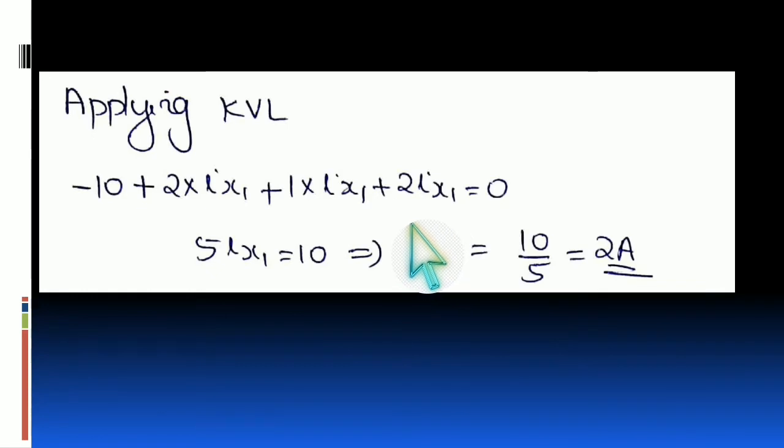So we add the term 2Ix1 to our KVL equation. So now our KVL equation is minus 10 plus 2 into Ix1 plus 1 into Ix1 plus 2 into Ix1 is equal to 0, or 5Ix1 is equal to 10. From this we get Ix1 as 10 by 5, or 2 ampere. Understood?